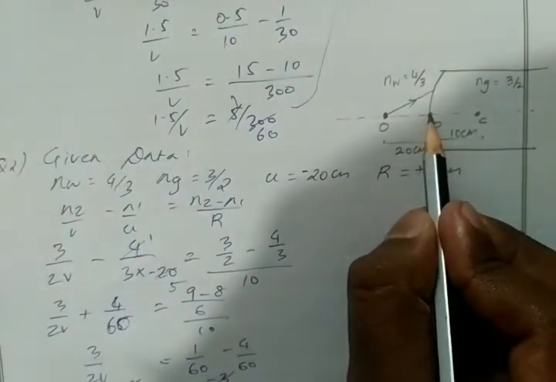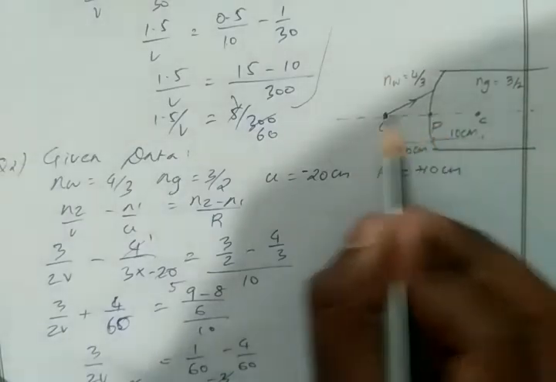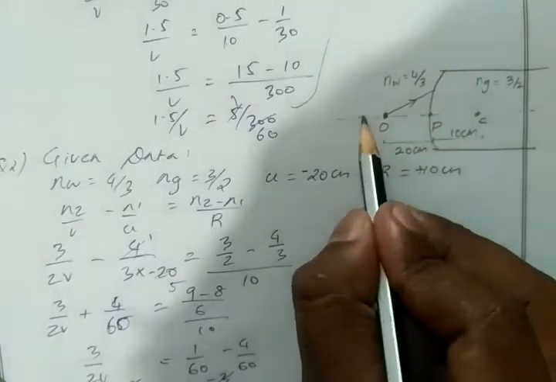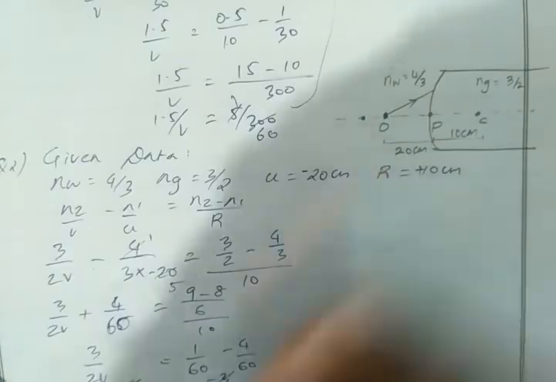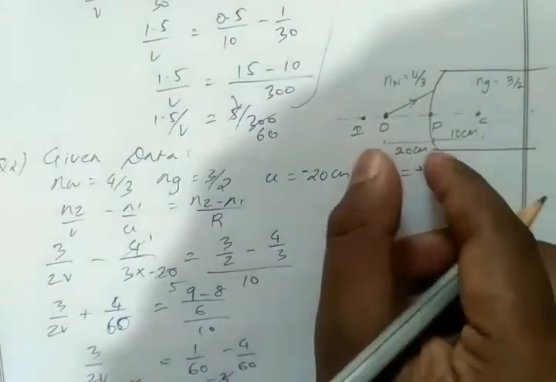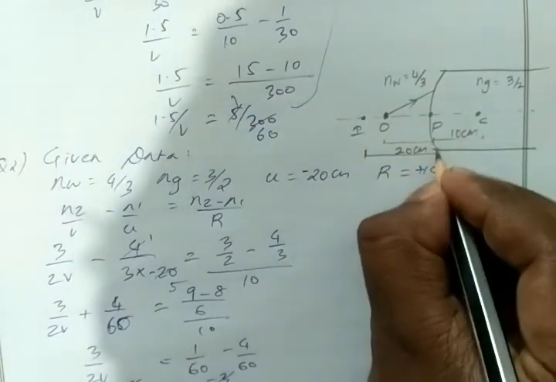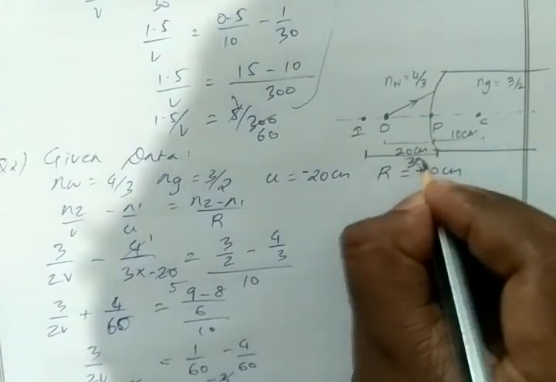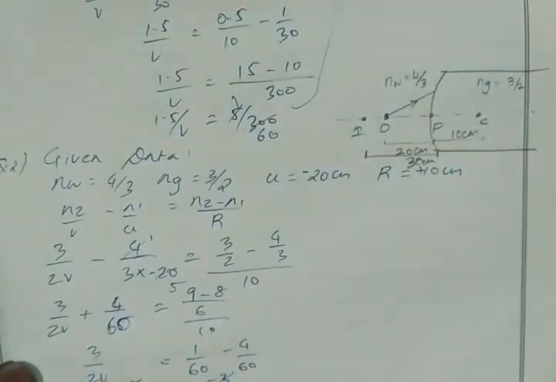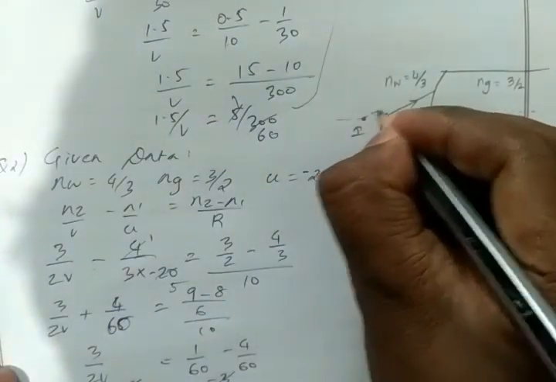If we measure from the pole, we have 30 centimeter towards the left side. So here our image forms, already 20 centimeter here, and from image to pole 30 centimeter. So here rays don't meet, but rays appear to meet.